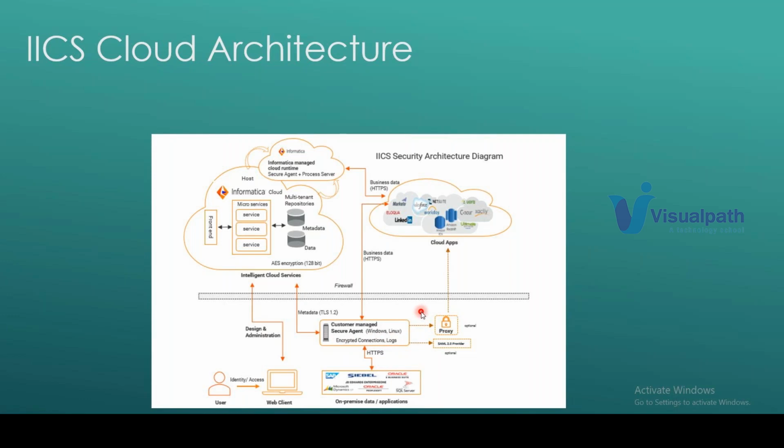So what is a secure agent? Why do we need a secure agent? Secure agent is a lightweight program that would ensure the metadata is being transmitted to Informatica Cloud repositories. So this is not an on-prem database instance.